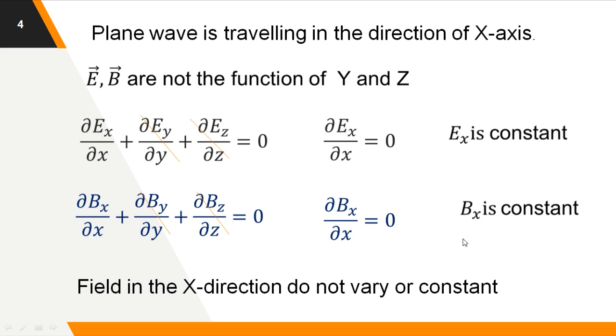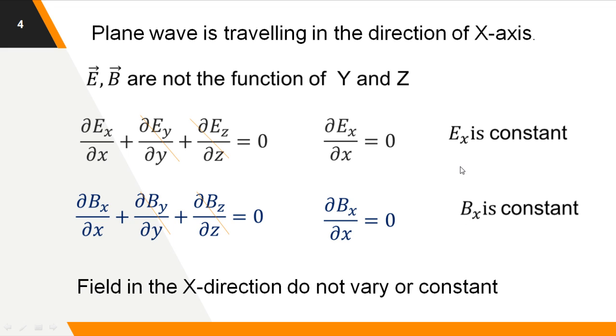But electromagnetic wave propagation means naturally there is a variation of electric field or of magnetic field, which is not taking place along the x-axis. That means it should take place in a direction perpendicular to x, that means the y and z directions.